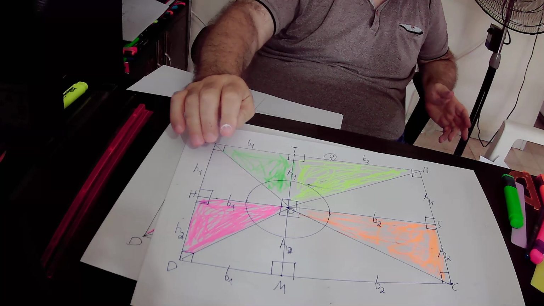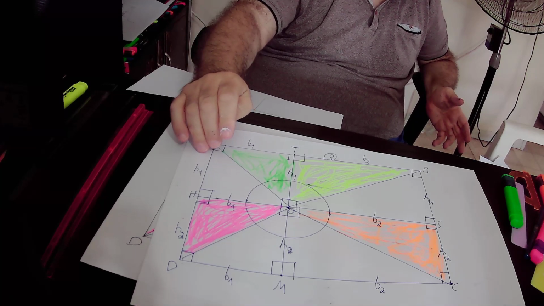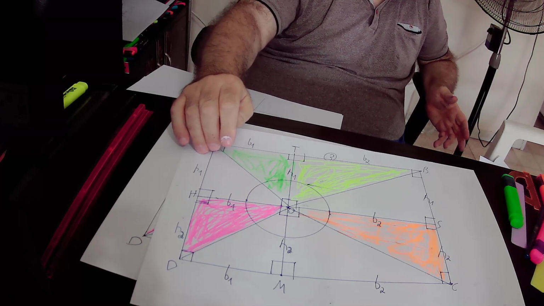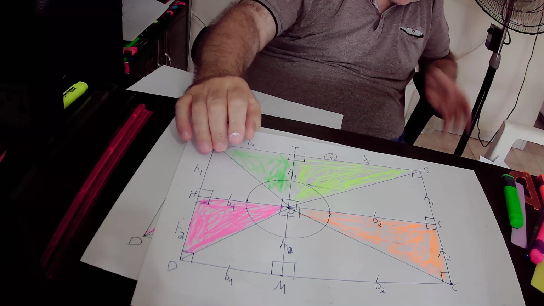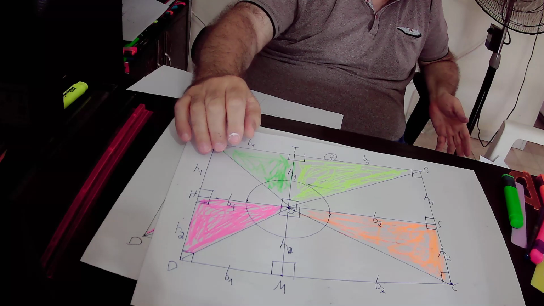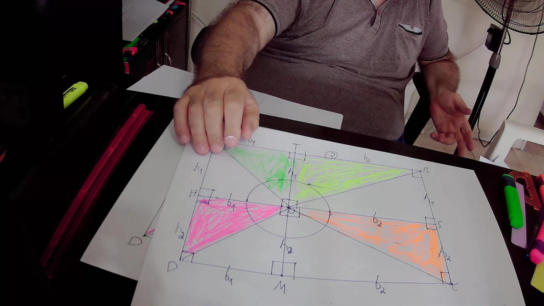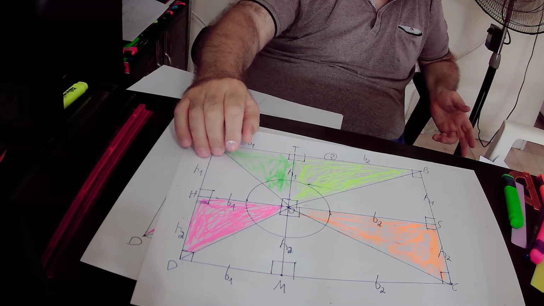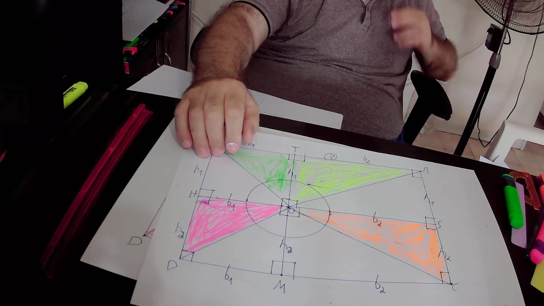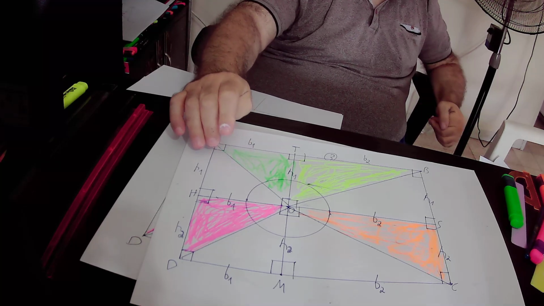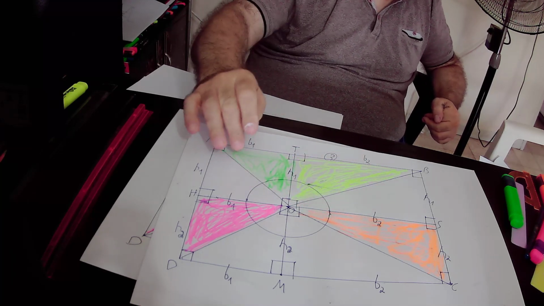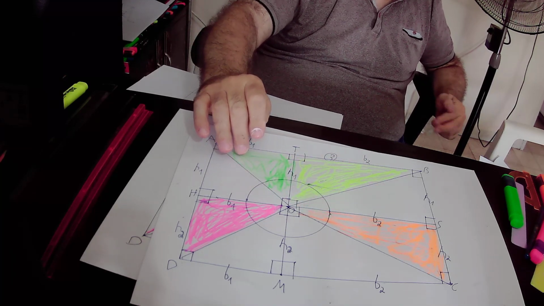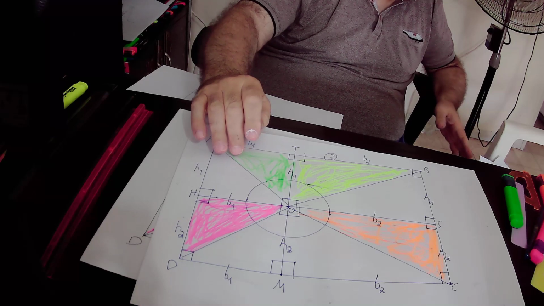So, inside rectangle ABCD, we have 4 small quadrilaterals, all with 4 right angles. Therefore, all 4 quadrilaterals must be rectangles. Okay? So we relate to those 4 quadrilaterals as rectangles. Why? Because they have 4 right angles.